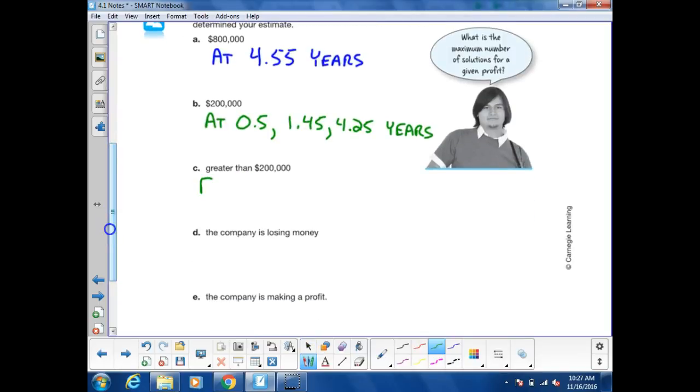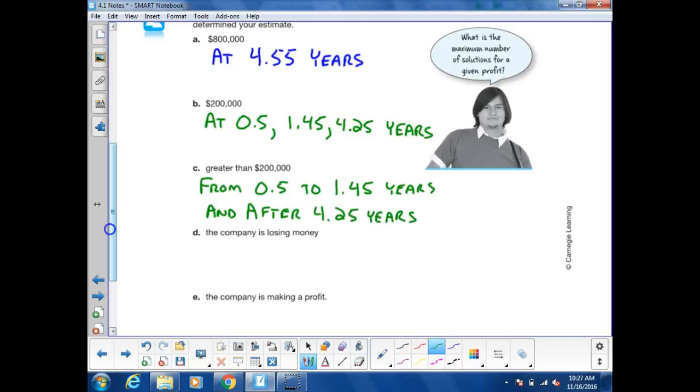So that's going to be from 0.5 to 1.45 years, and after 4.25 years. Yes? Okay. When I am above that line.